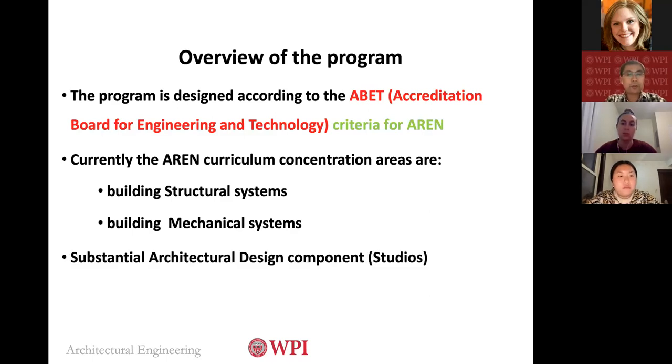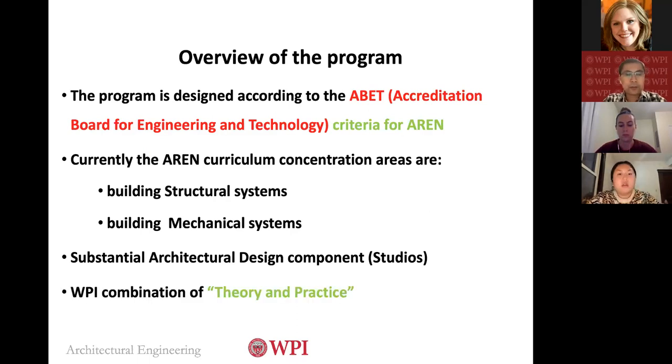In addition to those 2, we have introduced 5 design studios that will expose students to a lot of architectural design experience. So if your career goal is engineering, but you also have a passion for architecture, this is the right program for you.